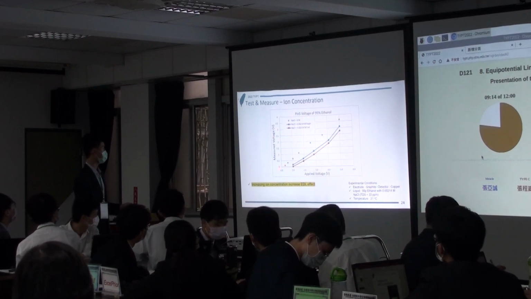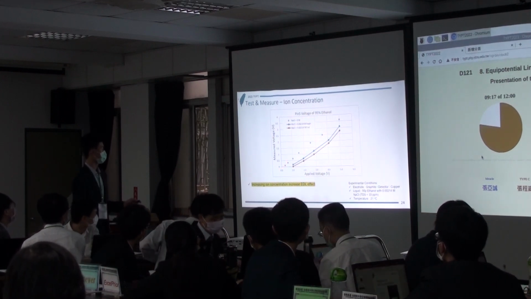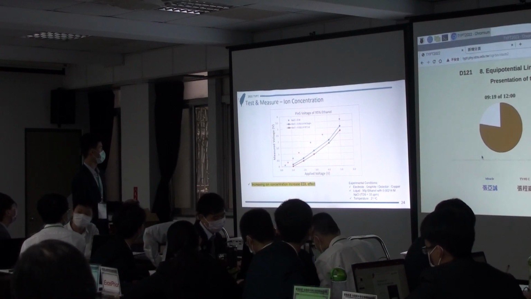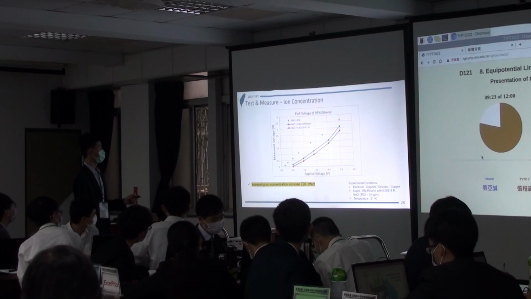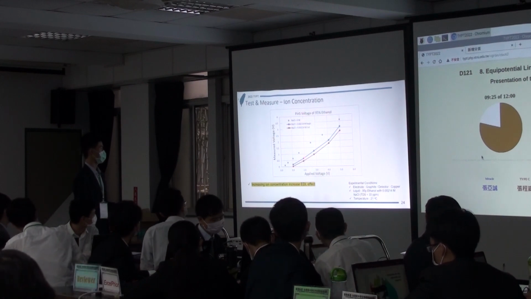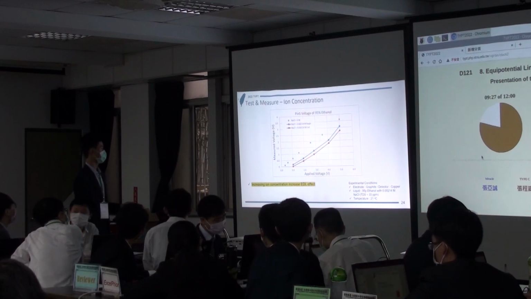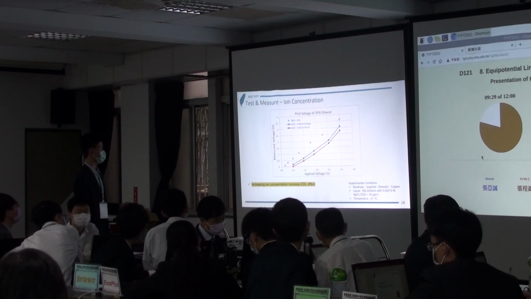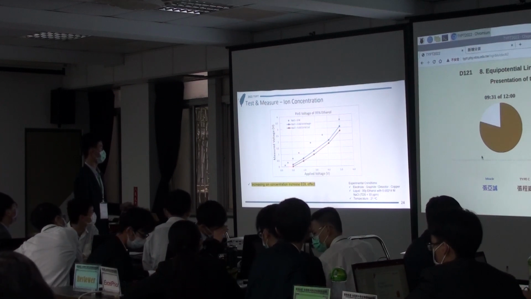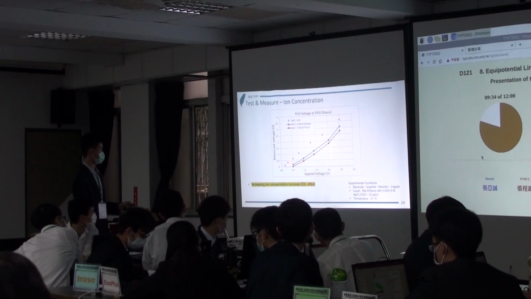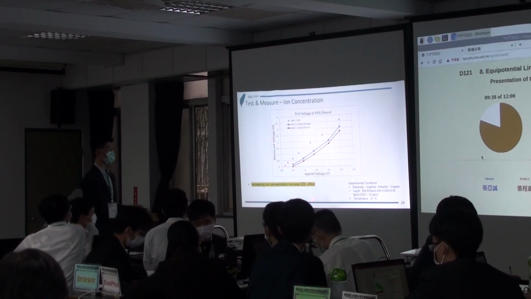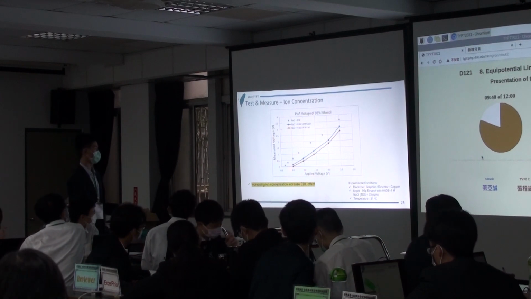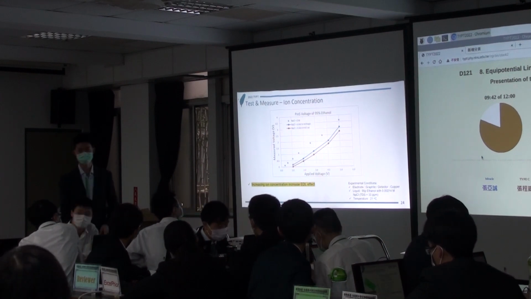And you can see that the gray dot is the voltage of our 95% ethanol without adding ions. And the blue line is with ions added to it. And you can see that its x-intercept is larger than the gray dot. So from here we can conclude that increasing the ion concentration increases the EDL effect. And we can also confirm the existence of the threshold voltage.